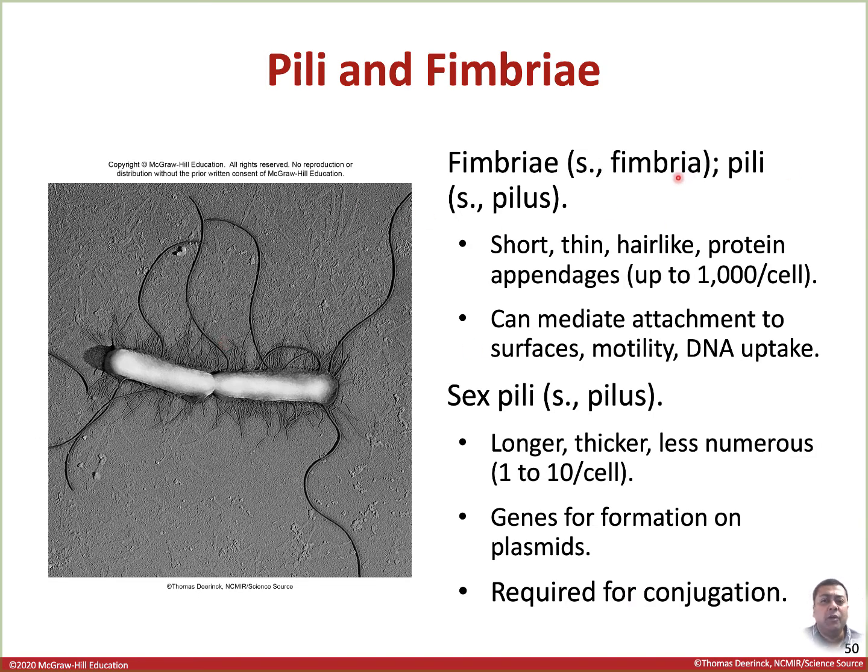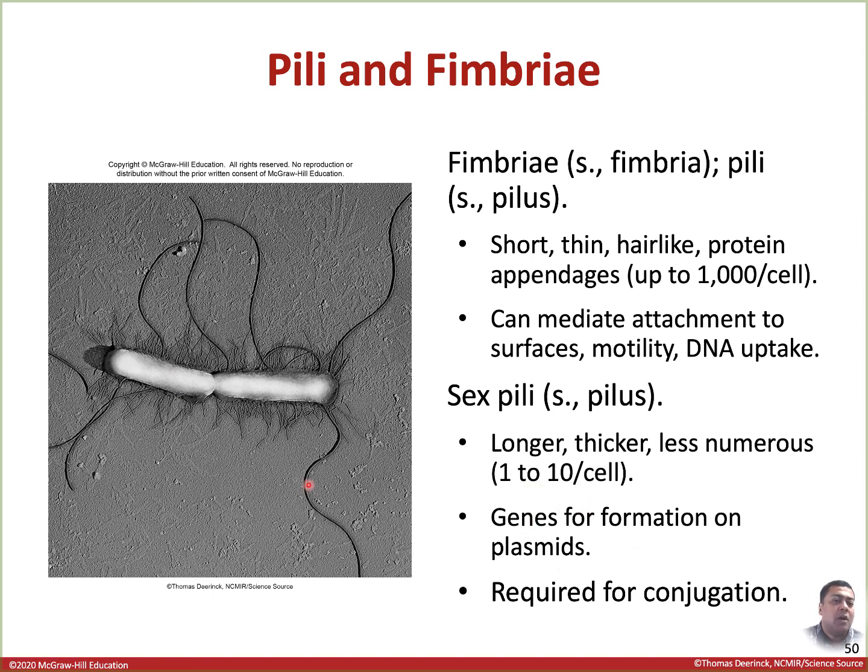So let's take a look at what they are. Fimbria is singular and fimbriae is plural; pilus singular, pili plural. These are short, thin, hair-like protein appendages, about 1,000 per cell, and they can mediate attachment, surface motility, and DNA uptake. So these are the small fimbriae or pili. Whereas the longer, larger ones are known as sex pilus or sex pili: longer, thicker, 1 to 10 per cell, with the genes for their formation on plasmids.